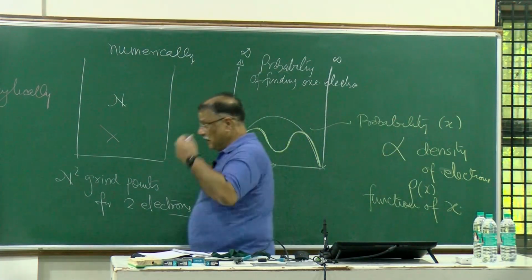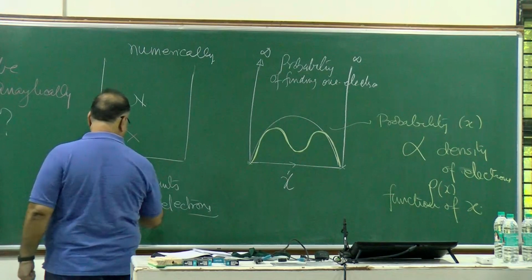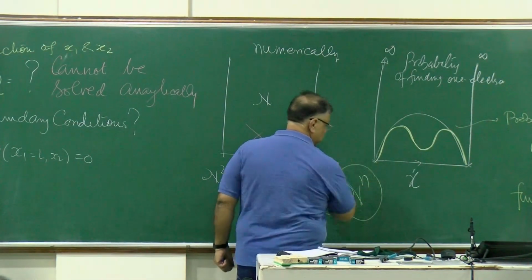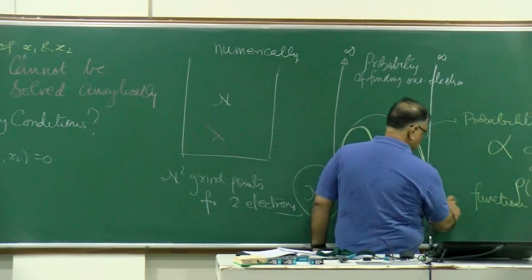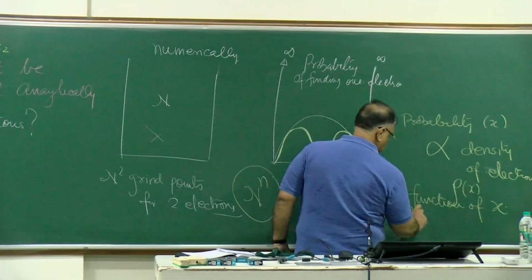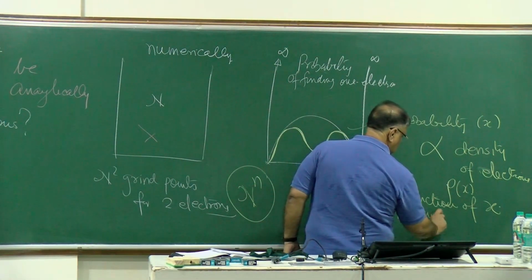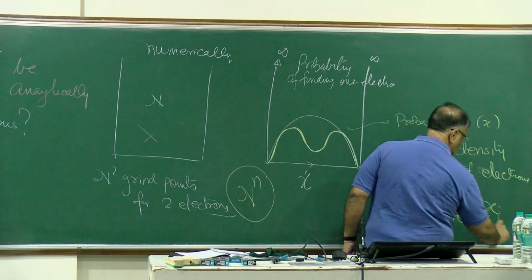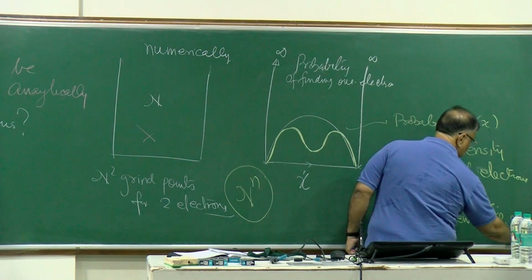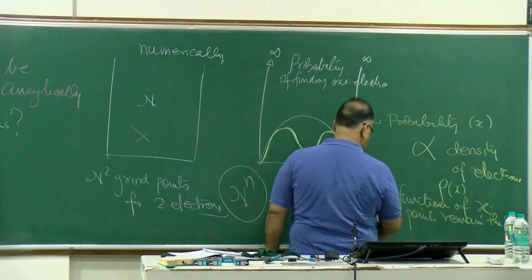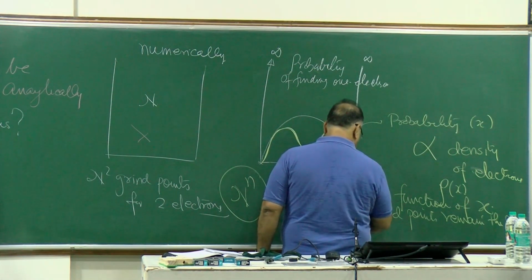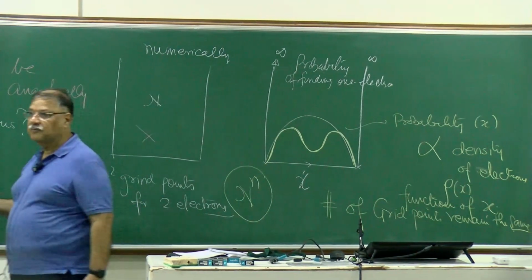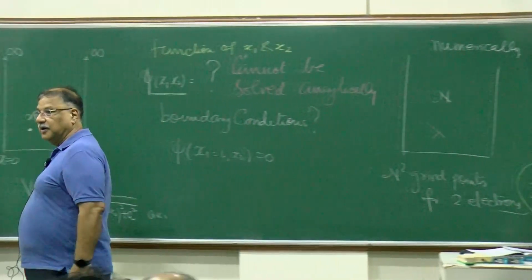And here the grid points kept increasing, n raised to the number of electrons. Here the number of grid points remains the same.